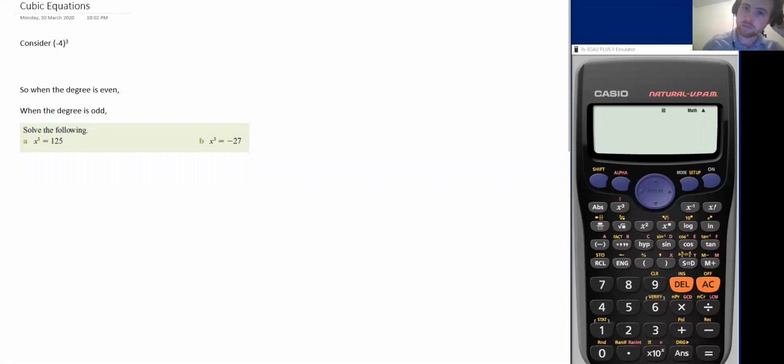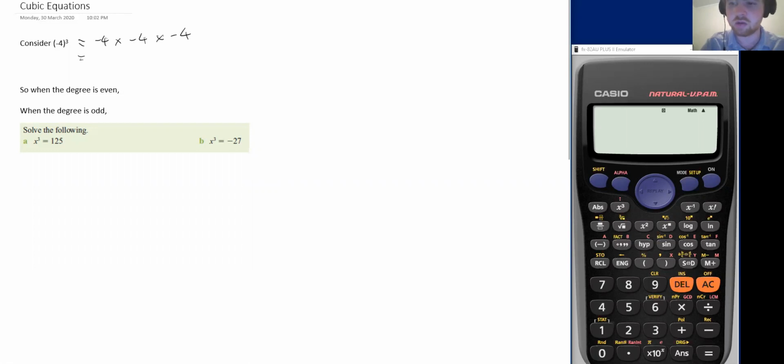Okay, so before we dive into some equations here, I want us to consider minus 4 cubed. Minus 4 cubed is the same as minus 4 times minus 4 times minus 4. So we've got 3 minuses, 3 fours, so 4 times 4 times 4.